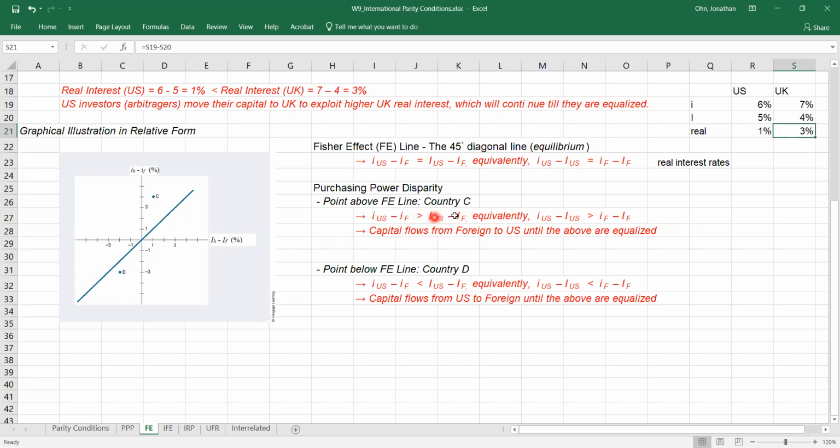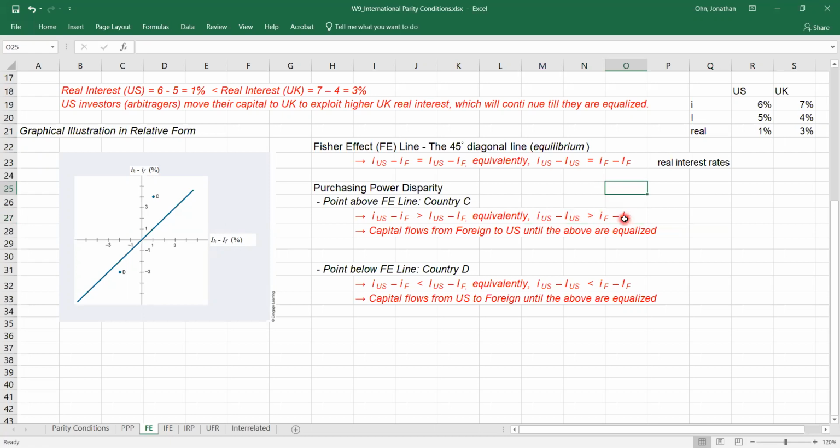You see that, 1% and 4%. Now, this is the same as this one. If you move this one this way, then that becomes this way. Now look at this: small i, interest rate, minus inflation is a real interest rate. Do you see that? So in this case, US real interest rate is higher than the foreign real interest rate.